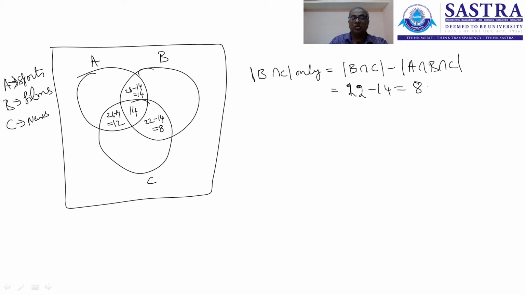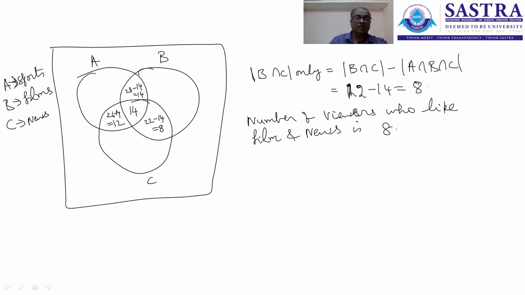So in this case, the number of viewers who like film and news only is 8. Now I have incorporated this part.